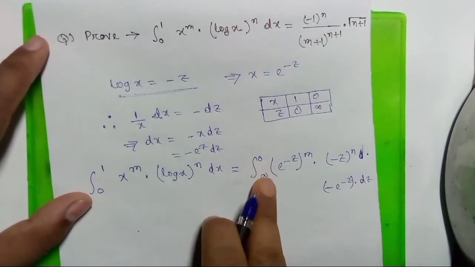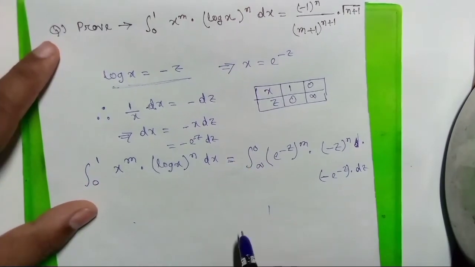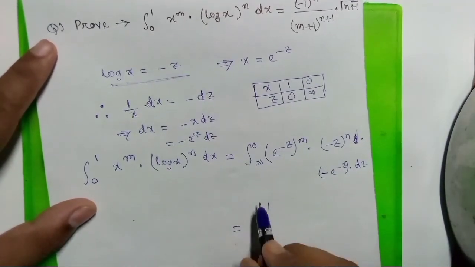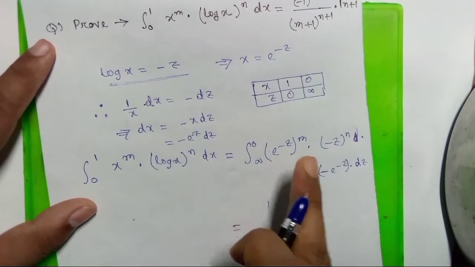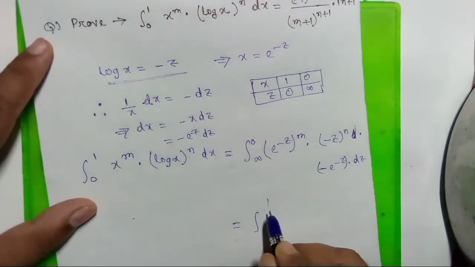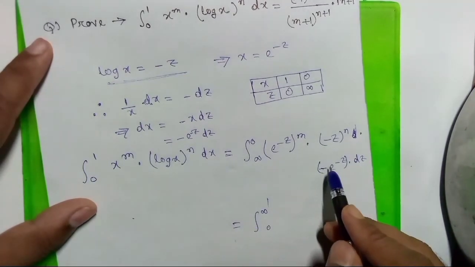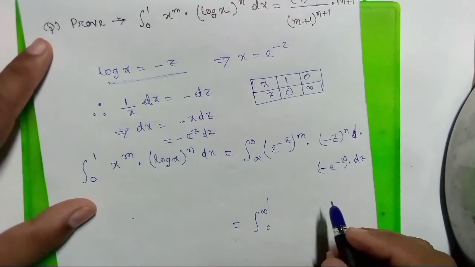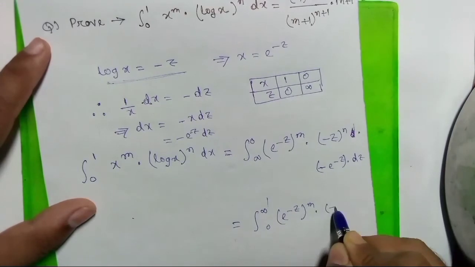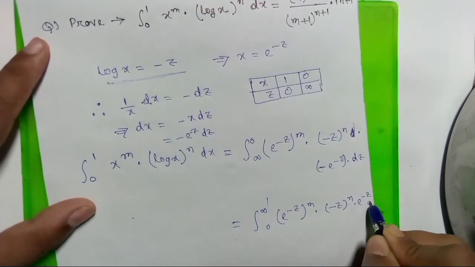If we interchange this limit, then the minus 1 will be multiplied with this term, so the limits become infinity to 0, and this minus and this minus will be plus. Okay, so e to the power minus z to the power m, minus z to the power n, e to the power minus z dz.